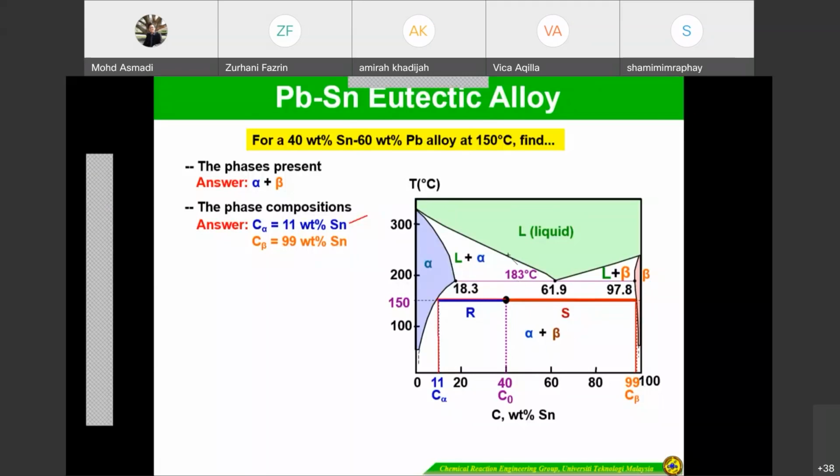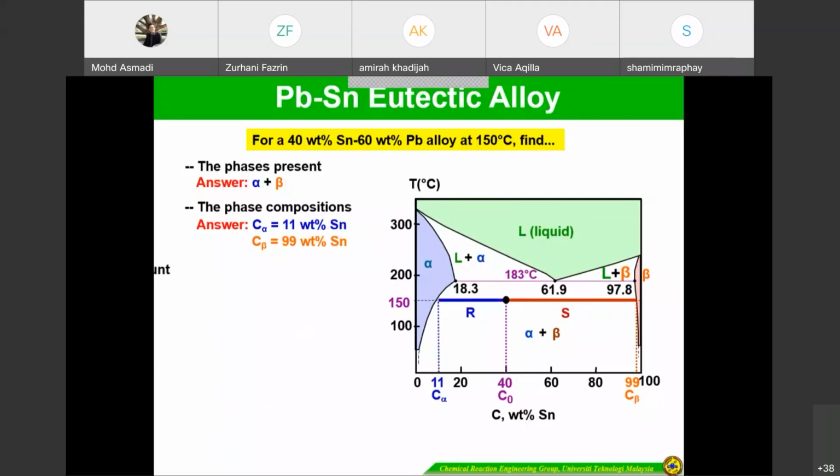How about the relative amount of each phase? Meaning how many percent is alpha and how many percent is beta. Similarly, we use the lever rule.